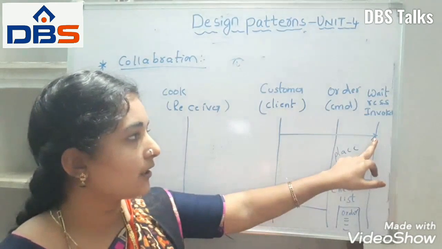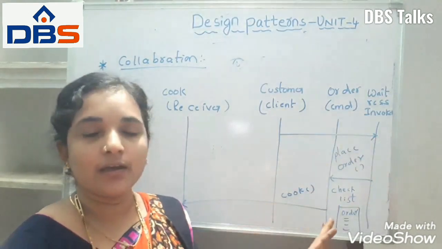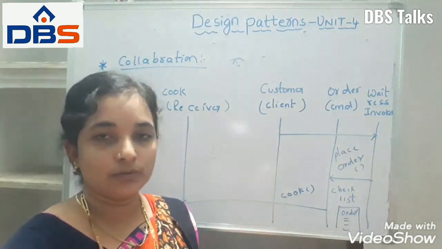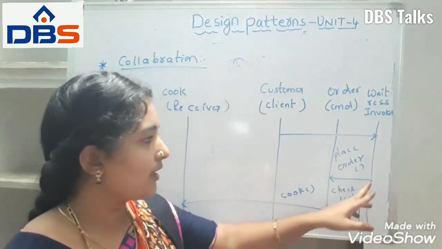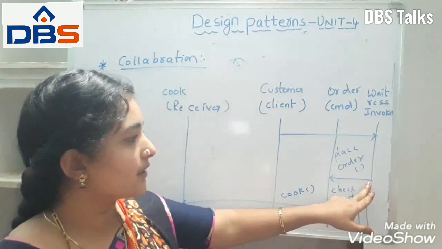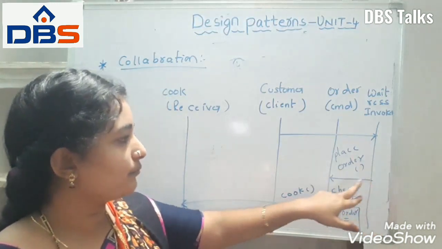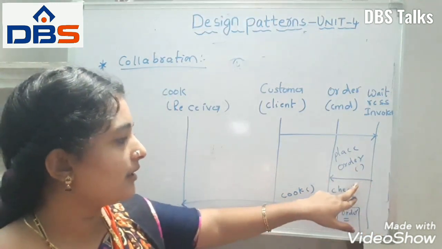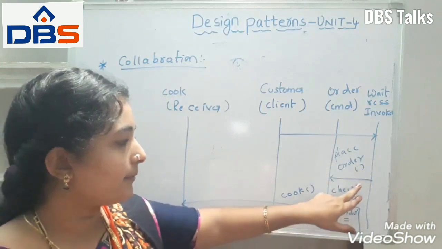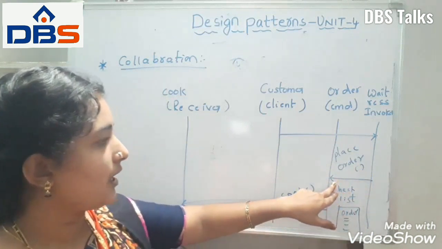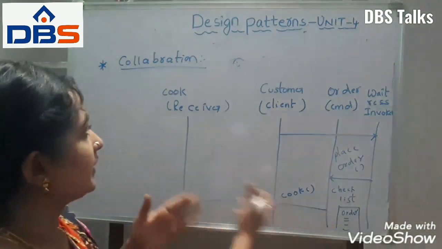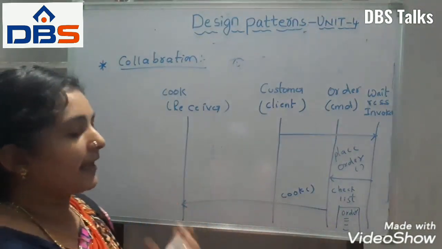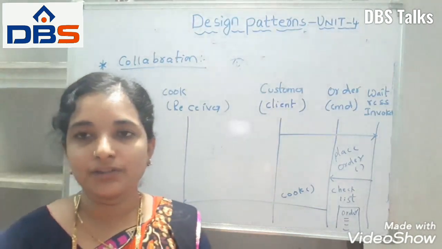The invoker doesn't know how to provide the service. The invoker will place the order to the next command, and this command will be sent to the receiver, and the receiver will perform an action.